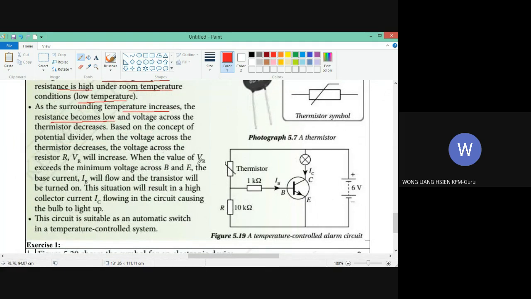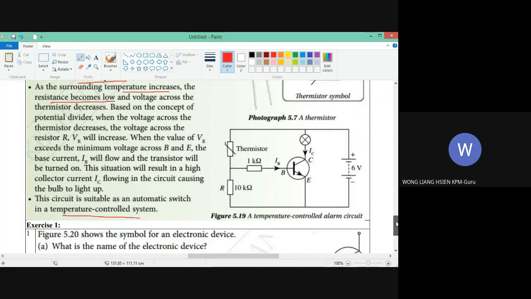When the value of VR exceeds the minimum voltage across the base-emitter, the base current will flow and the transistor will be turned on. This situation will result in a high current flowing into the circuit, causing the bulb to light up. So this circuit is suitable as an automatic switch in a temperature control system.